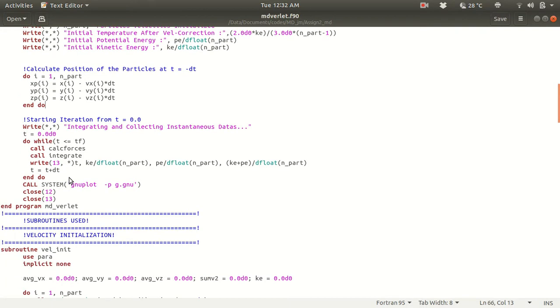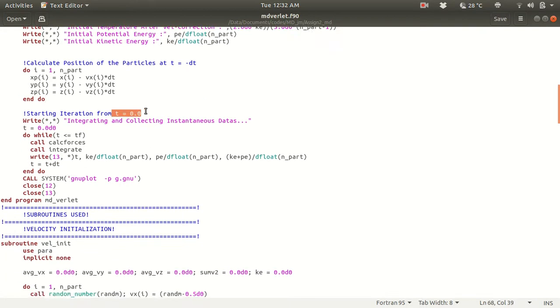And now I am starting this simulation from t equal to 0, do while t less than or equal to tf. Tf is 10.0, which I have already defined, and then I am calling calculate forces and also call integrate. I am saving the data for time step, kinetic energy per particle, potential energy per particle, and total energy, which is kinetic plus potential per particle.